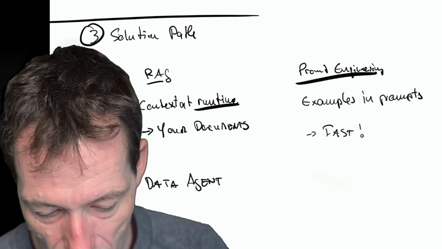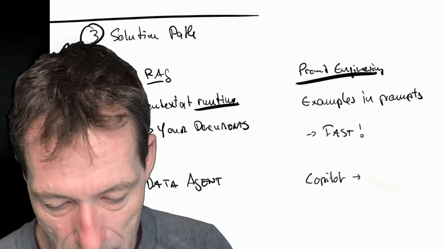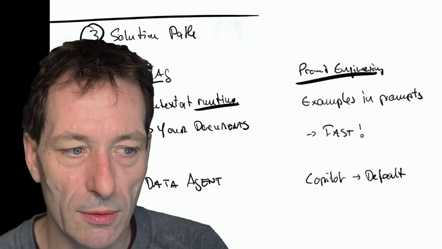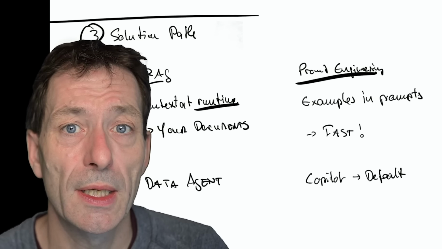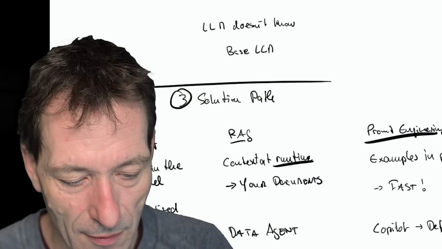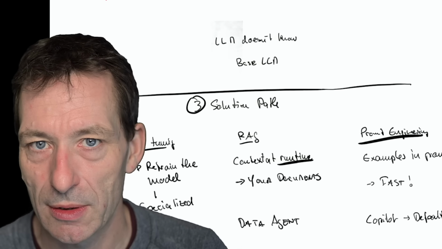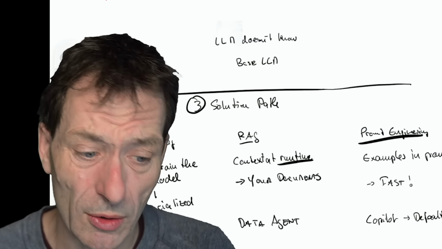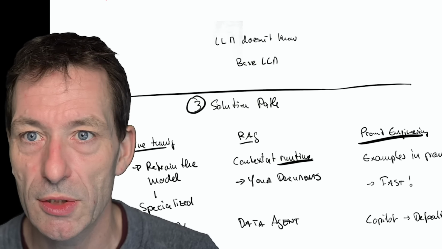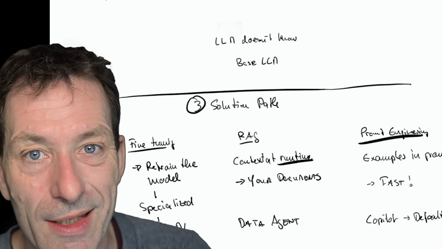The copilots do a lot of this by default. They enrich your prompt quite a lot behind the scenes. So you get, so to say, much better answers than you should get based on your question, because in almost all cases, your question is too short. You can play around when you have something like ChatGPT or even Copilot. You can ask, hey, what could I ask better in my question?